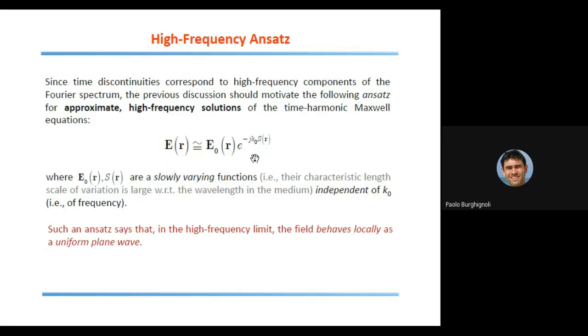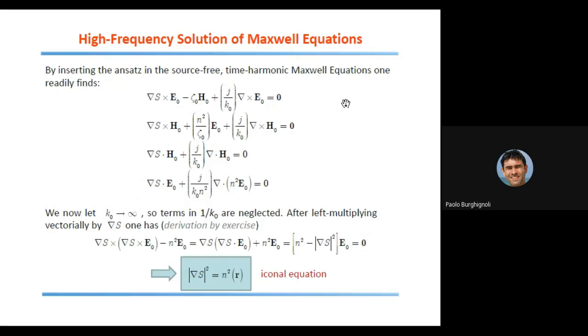Okay? If you insert this form of the electric field and also of the magnetic field inside Maxwell equations, and this is something very instructive to do by hand, you will discover that Maxwell equations, in particular the curl equations, which are the first two, and the divergence equations, which are the latter two in this set of four relations, can be written as is shown in this slide, where the terms have been arranged so as to show explicitly the presence of the k0 factor, which you can imagine is a factor that tends to infinity when the frequency is very large.